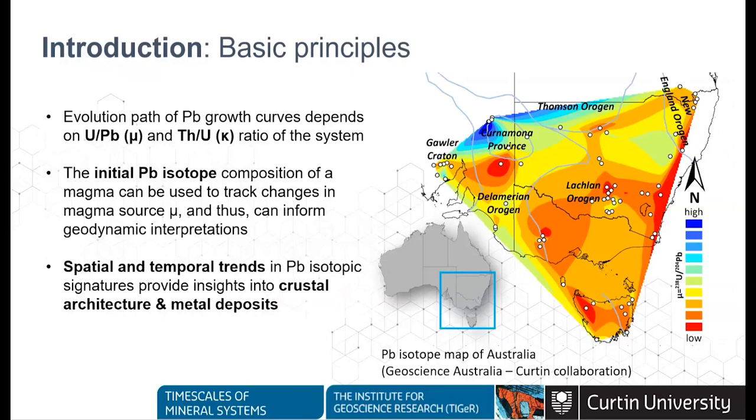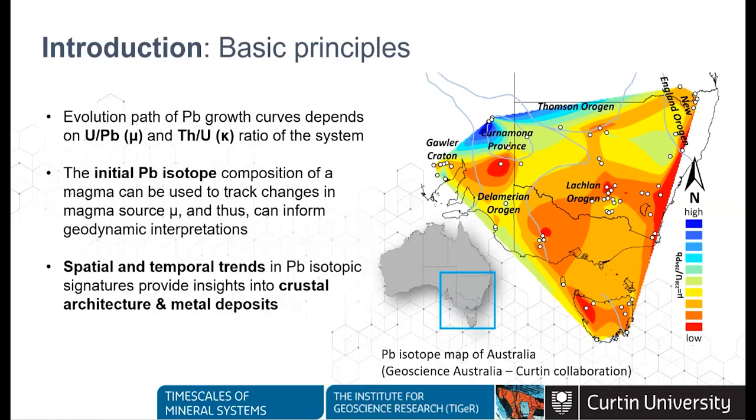So this information, these isotopic signatures of lead, for example, in the form of time-constrained isotopic maps, can give us information on processes that were involved in the formation of the crust and crustal architecture, for example.